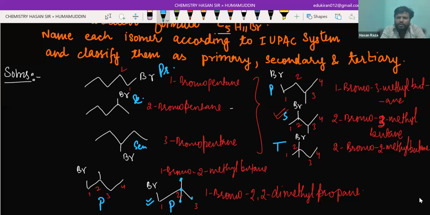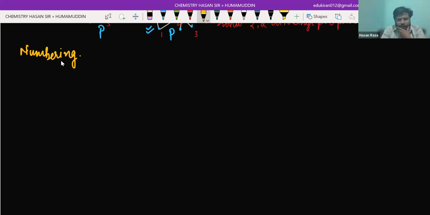Now see, whenever you are going to write the name, I'm going to give you the first trick for the numbering, basically the rule. If you have a functional group, I think you are aware of functional groups, yes or no? Yes. So functional groups like alcohol, aldehyde, ketone, carboxylic acid, and amine, and ester.